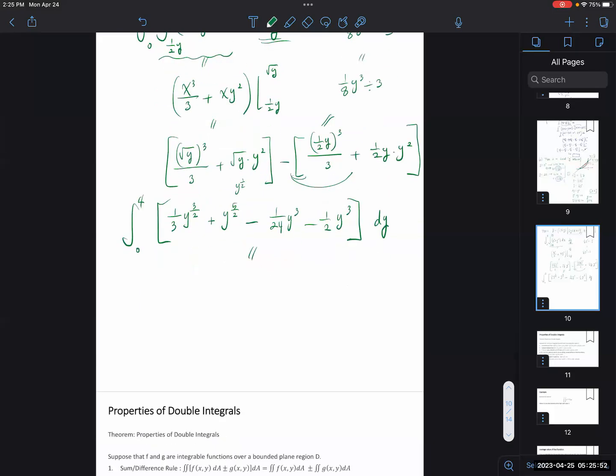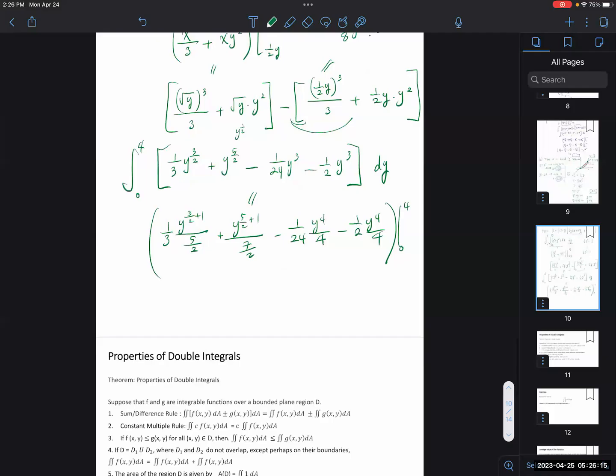So actually, this one, 1 over 3, y, and you divide it by that exponent, right? That's a step-by-step work, but we know what is going on. Y to the 4 over 4, 1 over 2, y to the 4 over 4, from 0 to 4. So let me just organize it.